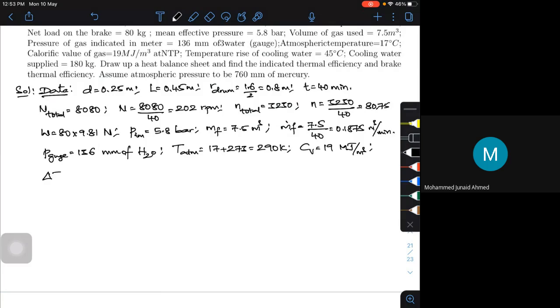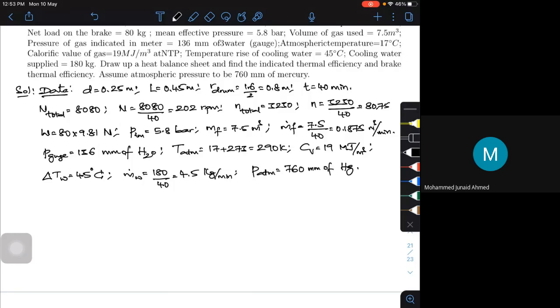The mass flow rate of water is 180 kg divided by 40, it is 4.5 kg per minute. And the last is atmospheric pressure, which is 760 mm of Hg. This is the data given in the problem statement.